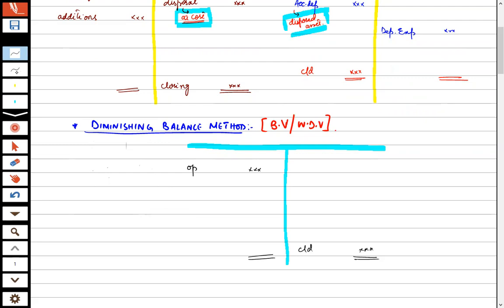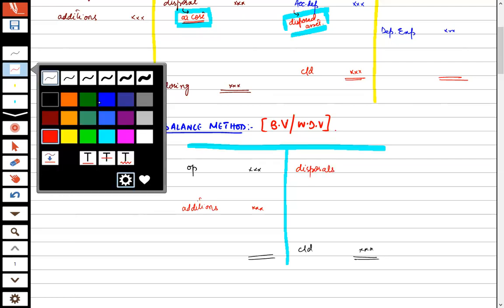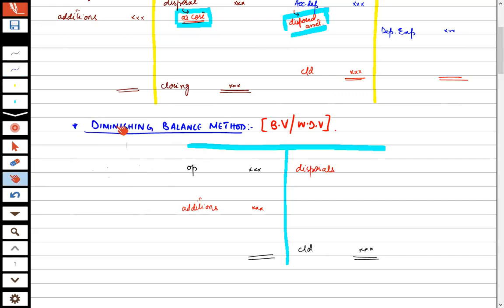And here it would always be debit for the additions. Clear? And if we have been given disposals somehow, after calculation of the direct amount, this disposal will not be at cost.